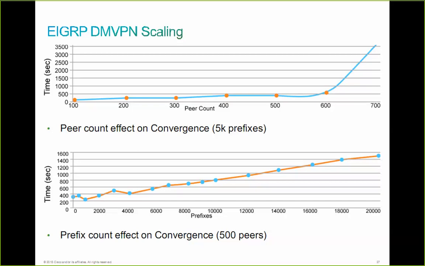You get above 600 routers, you can see that the convergence time kind of spikes a little bit. We're seeing that in this particular case. Yeah, we see a minor increase in convergence time as we go up to the 600 router point, but once we get to that 600 peers or 600 neighbor point, convergence times increase significantly.